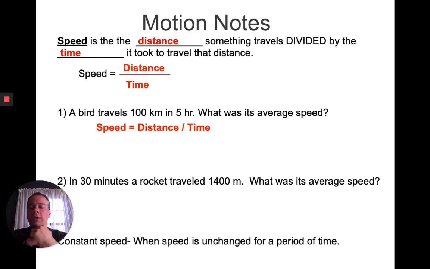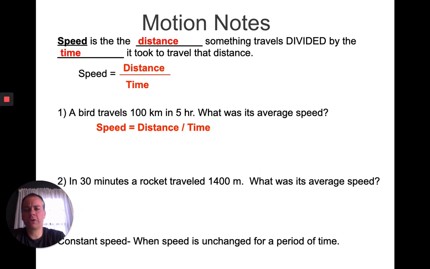So just like we did for our other units when we were solving problems and calculating things, we're going to use the same pattern. We're going to write down the formula first. We're going to substitute in our variables, and then we'll finish with an answer including units.